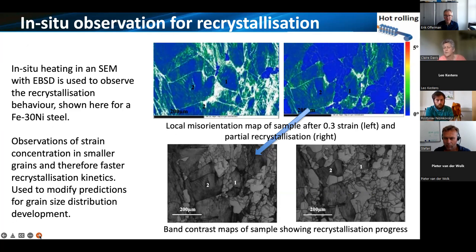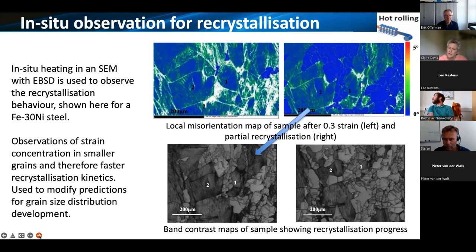The top left image here is showing basically the strain distribution, and what it illustrates is the variation in local strain based just on grain size. So smaller grains tend to accommodate a higher strain, so you have a high dislocation density.